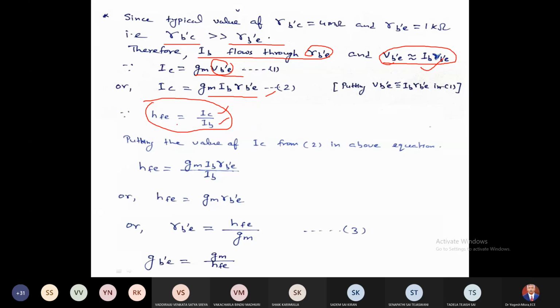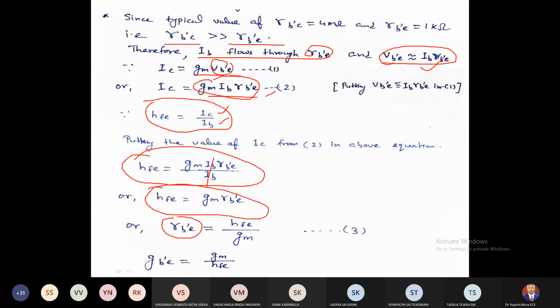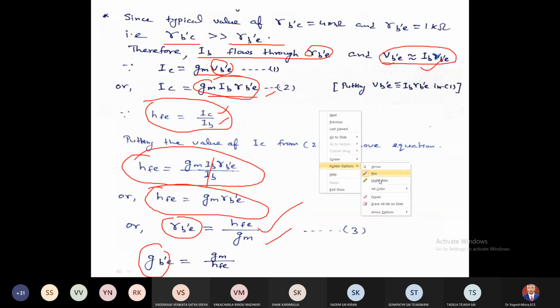So IC value, I will bring this IC value. So HFE will be this. IB will be cancelled out. So HFE will be this, right? And RB'E will be this expression, and GB'E is the reverse of expression number 3. In this way, we can do this.